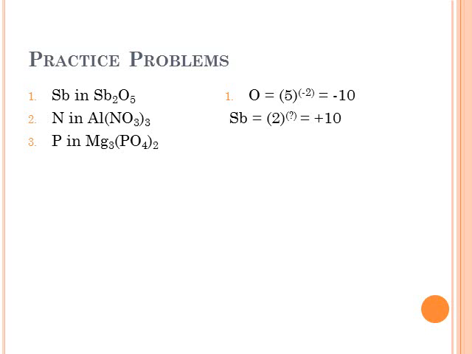This is a compound, so we know that overall our oxidation number has got to be 0. So that means if we have 2 antimony, each one of the antimony must be equal to a number that will give us overall +10, so that the whole compound is 0 when you add those numbers together. So my number in the question mark here, of course, is going to have to be +5.